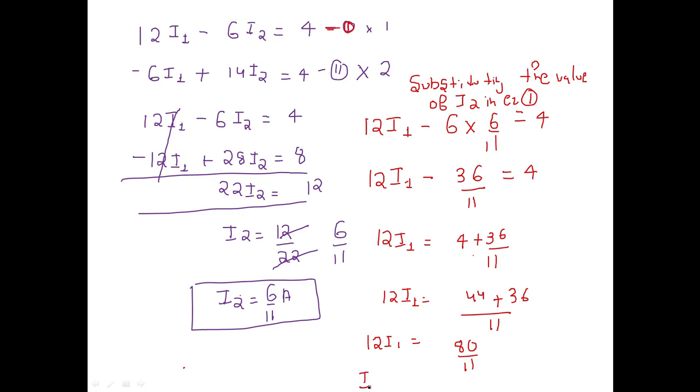I1 is equal to 80 by 11 multiplied by 1 by 12. If we further cancel out 4, 6, 20 and 3. So I1 is equal to 20 by 33. So it is our required answer.